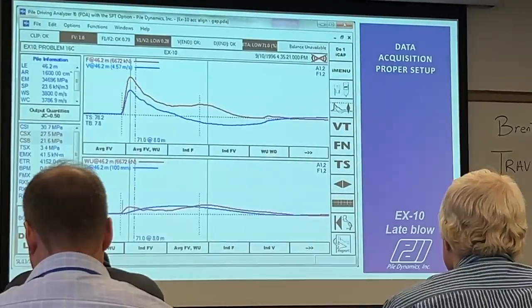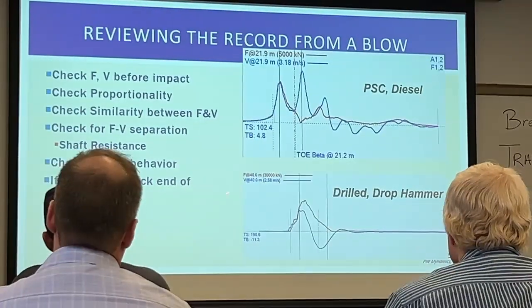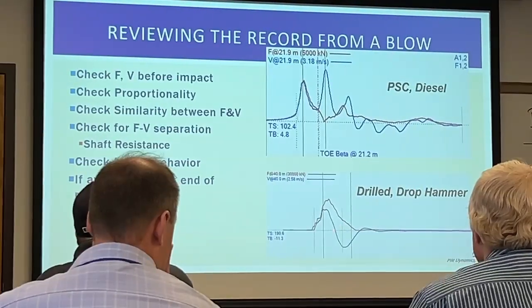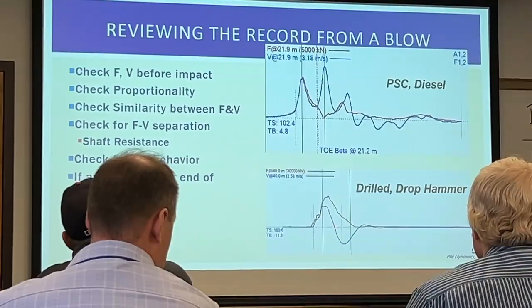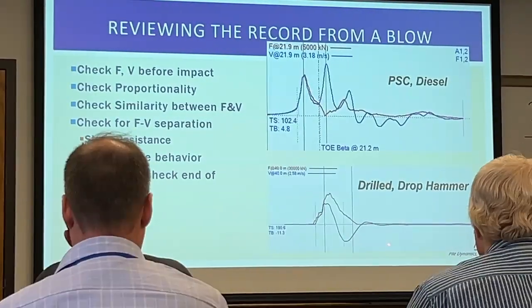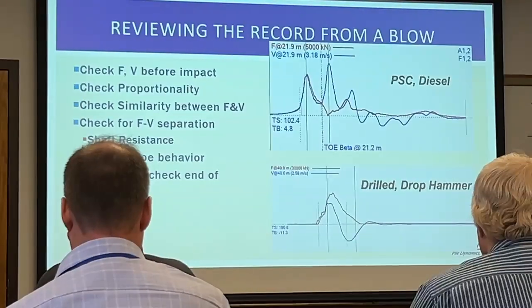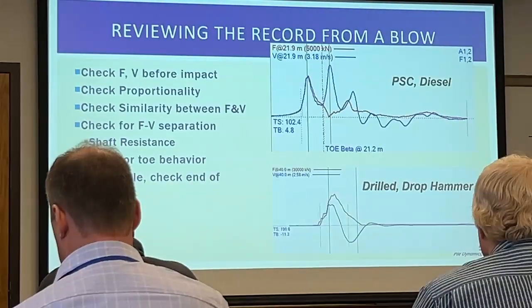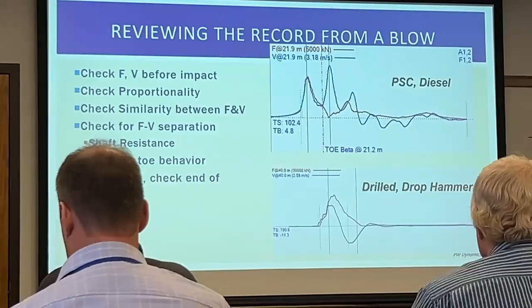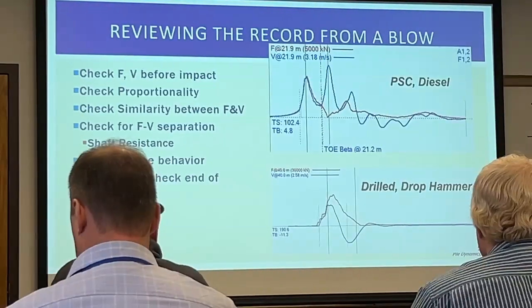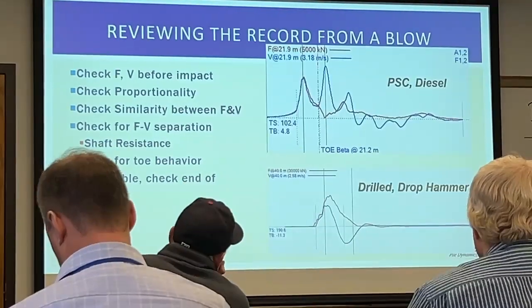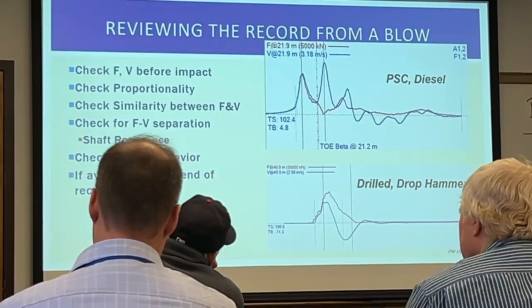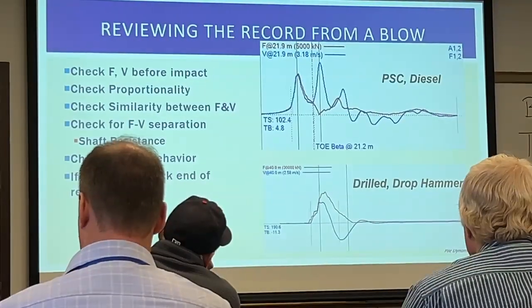If I go back all the way to the beginning on this drilled shaft, one way that you're looking for rebound is if in the velocity we have a significant amount of negative velocity. Remember, negative velocity is upward motion. In some scenarios, the pile will compress, it will rebound, and the permanent set will be effectively zero. That happens in silty soils quite a bit.